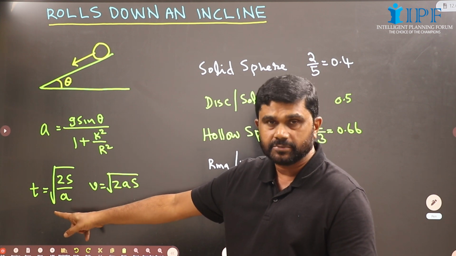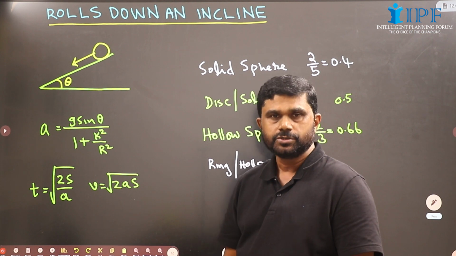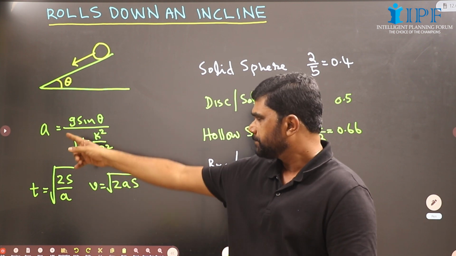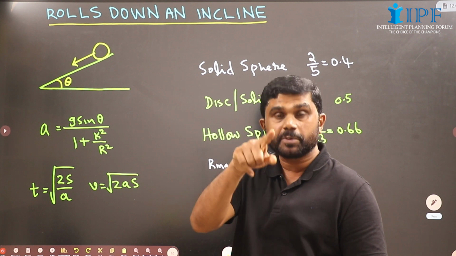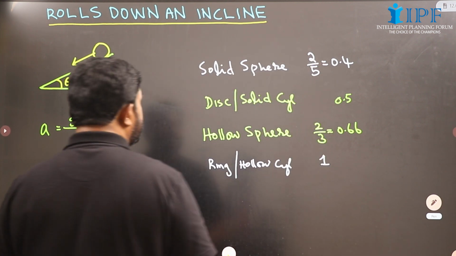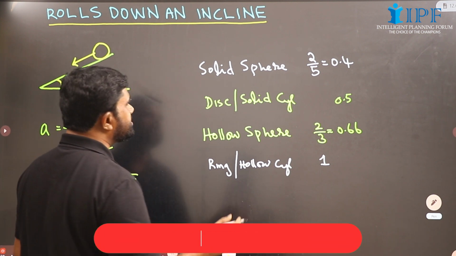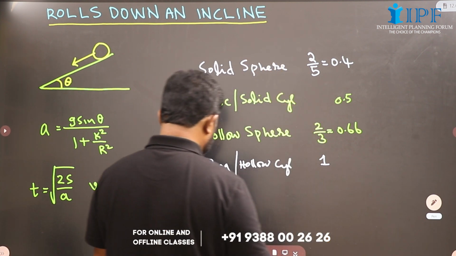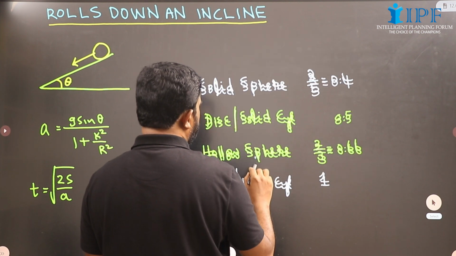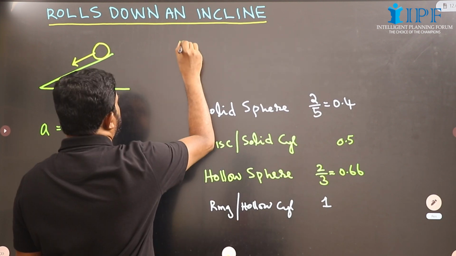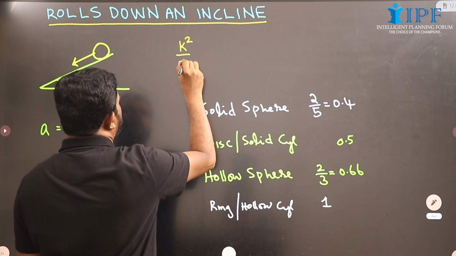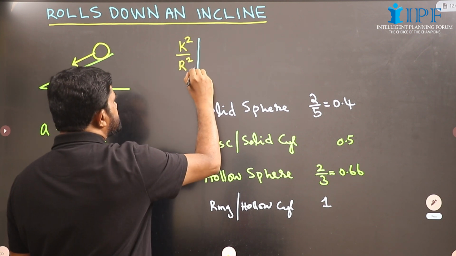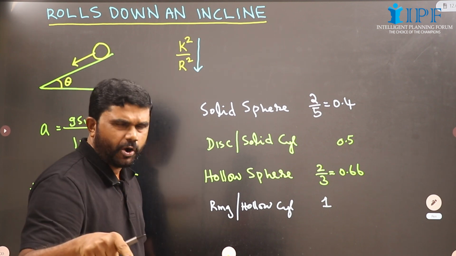In the expression for time, acceleration is in the denominator, so if the acceleration is more, time will be less.